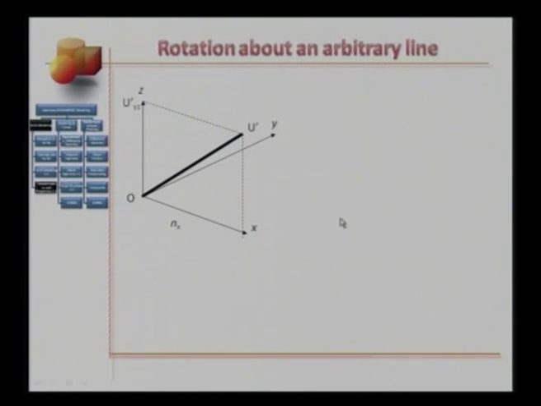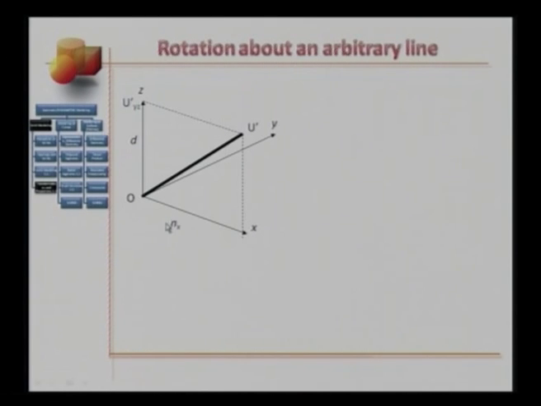Now, to make the line OU prime coincident with, let's say, the z-axis, it becomes a little easier for us. O u_yz prime is coinciding with the z-axis. Remember, we have performed rotation previously, so this length will remain d.